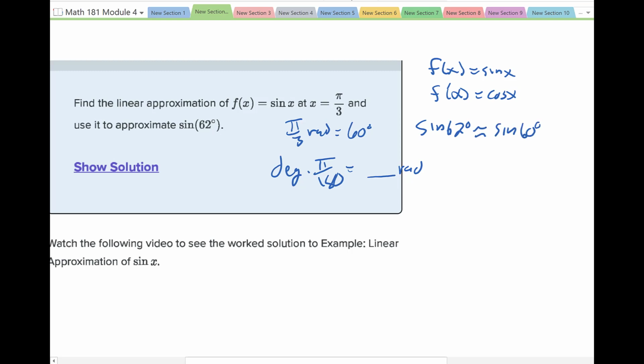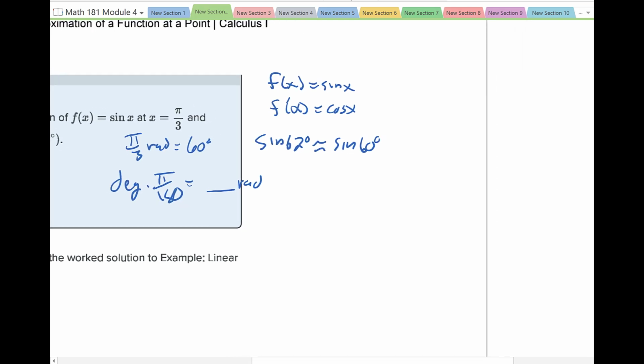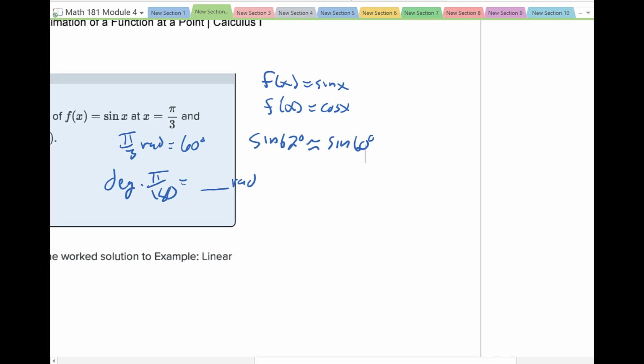It's something we can easily find, or we have all memorized, I'm sure, plus cosine of the 60 degrees. This is the derivative. And then times 62 degrees minus 60 degrees.